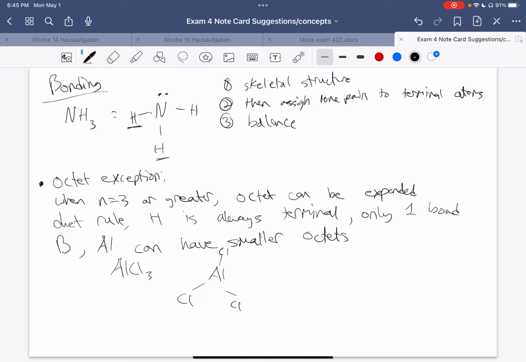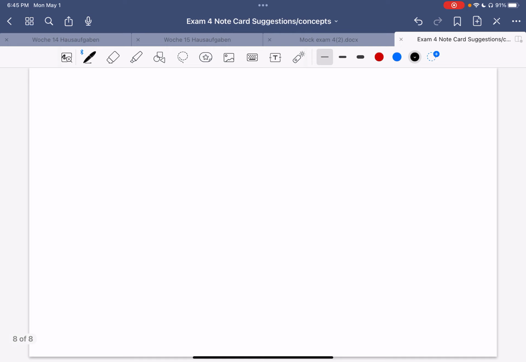Okay, and then some trends with bond energies. I guess just knowing differences between, let's say, a carbon single bond, carbon double bond, a carbon triple bond.